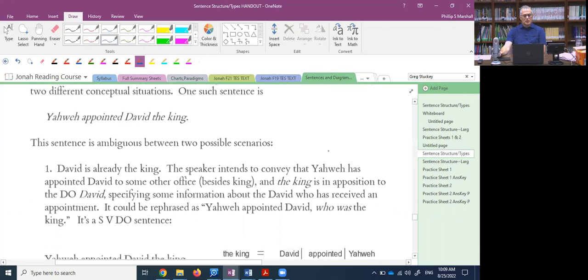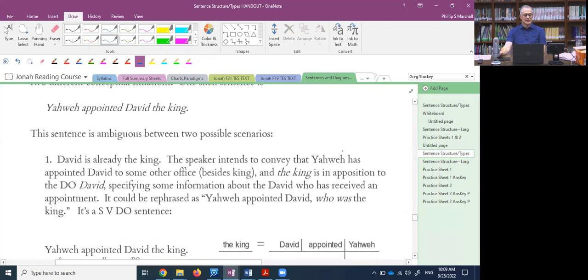So what are the two possible ways of analyzing this? Well, this could be a situation where David is already the king when the sentence is uttered. If David's already the king, and then somebody says, as if this were now new information, Yahweh appointed David the king, then what the speaker would seem to be indicating here is that Yahweh has now appointed David to some other office beside king because he's already the king at this point.